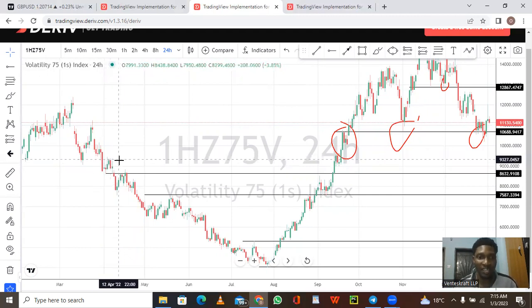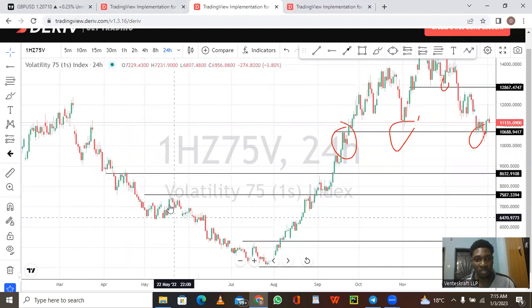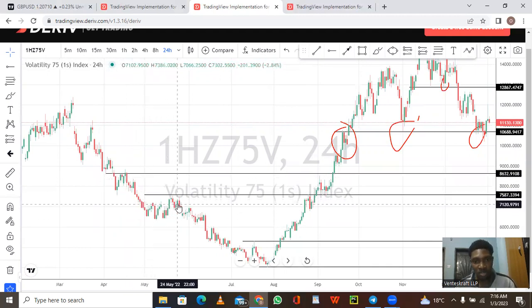When you gain experience to a certain level, you can do that, and you'll be able to catch some moves on the lower time frame. But what I'm saying is, when this zone was broken, the market came all the way up again, and once it tested the zone, it crashed all the way down. Same thing is applicable to this particular level.